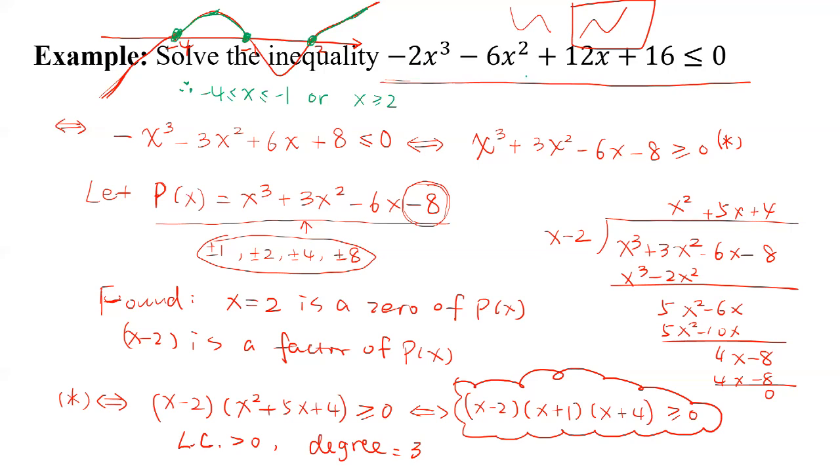Understand? And sometimes you can also use interval notation. That means if you use interval notation, the solution is -4 to -1 inclusive union with 2 to positive infinity.